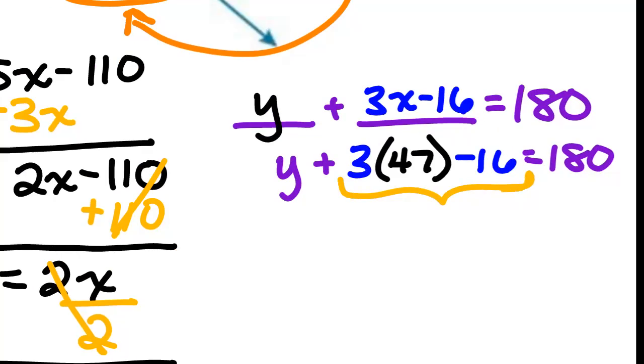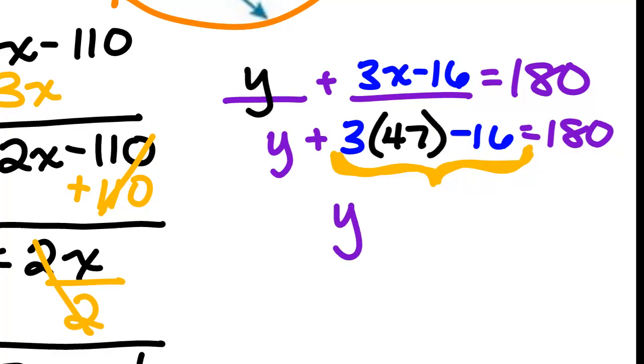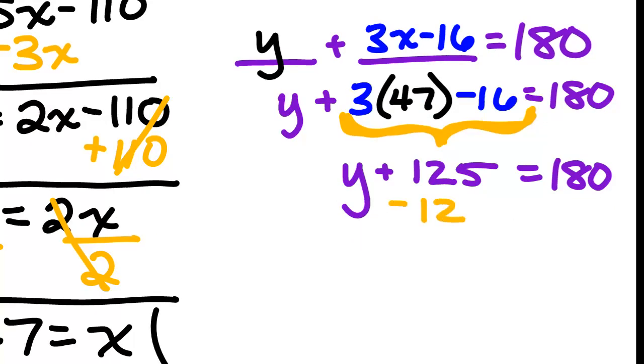And now we're going to do just the number part into our calculators. 3 times 47, and then minus 16. 125. So y plus 125 equals 180. And then we minus the 125 from both sides. We get 55.